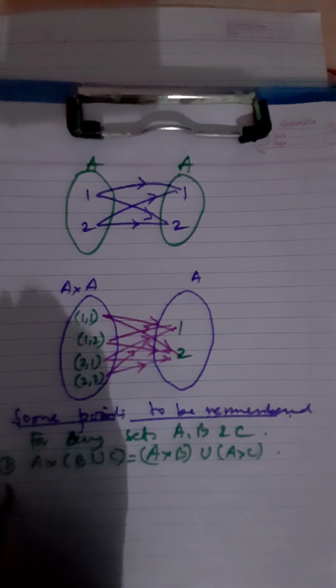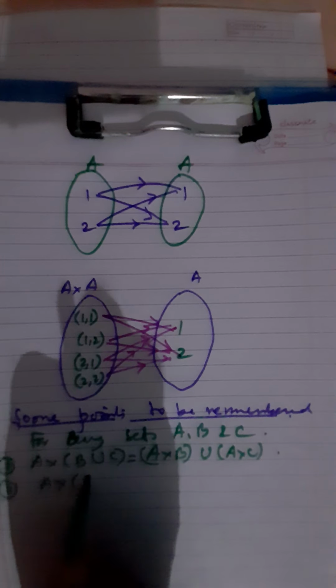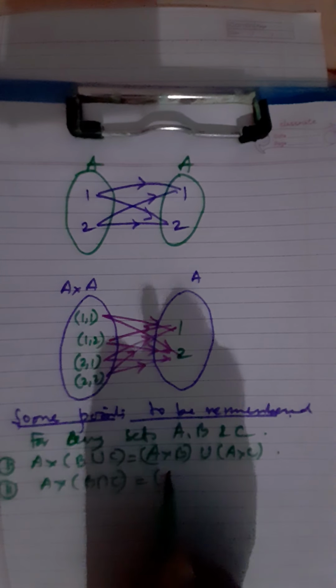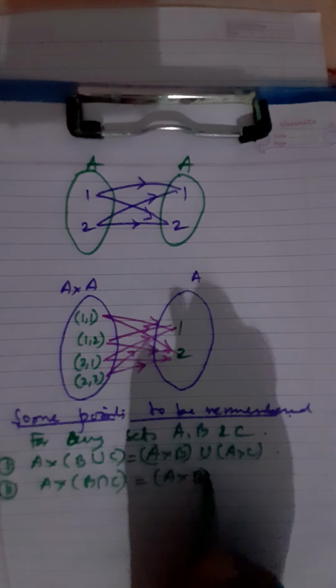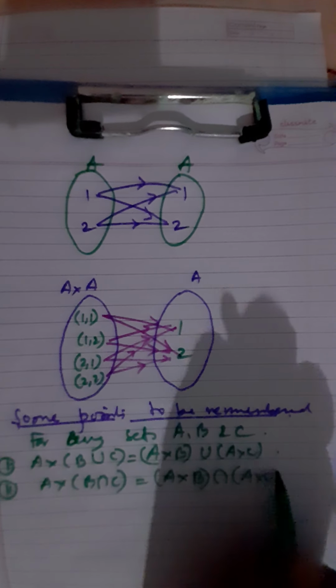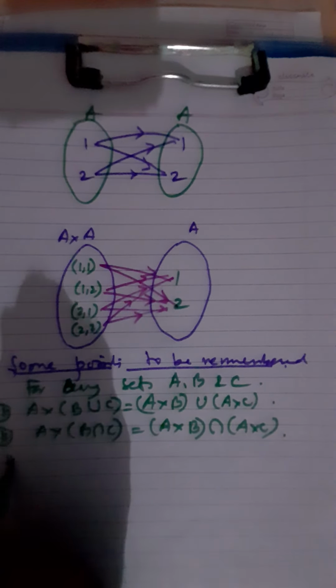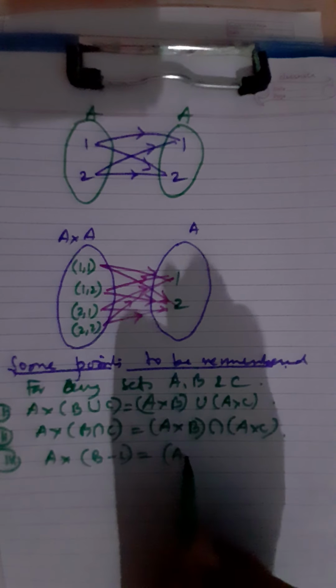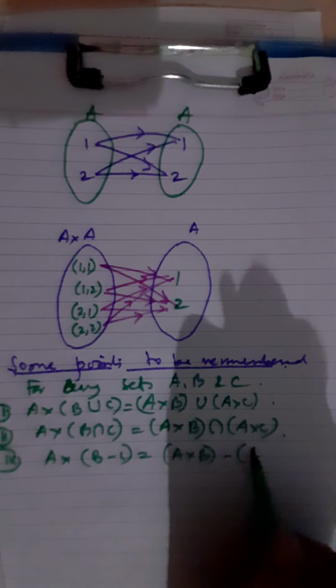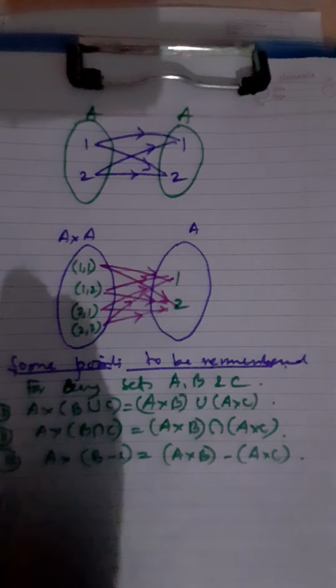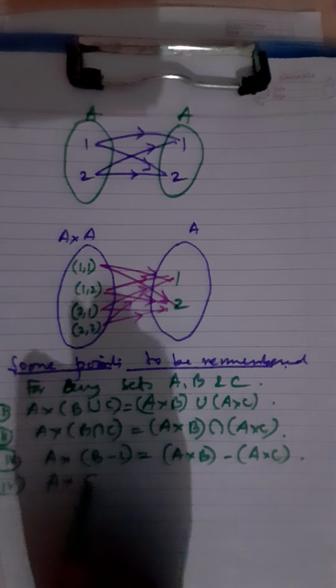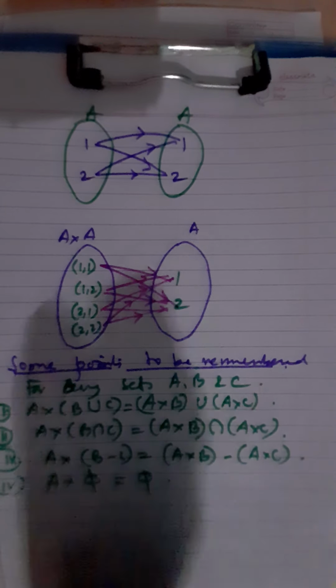It's true. Number 2: A cross (B intersection C) is (A cross B) intersection (A cross C). Okay. Number 3: A cross (B minus C) is (A cross B) minus (A cross C). Number 4: A cross phi is equal to phi.